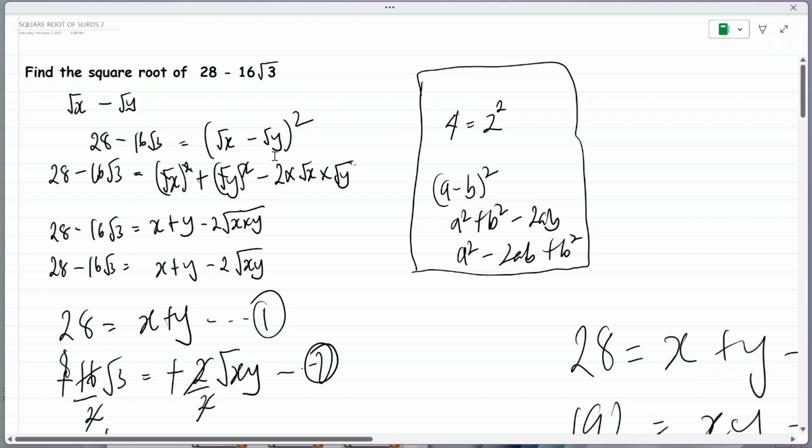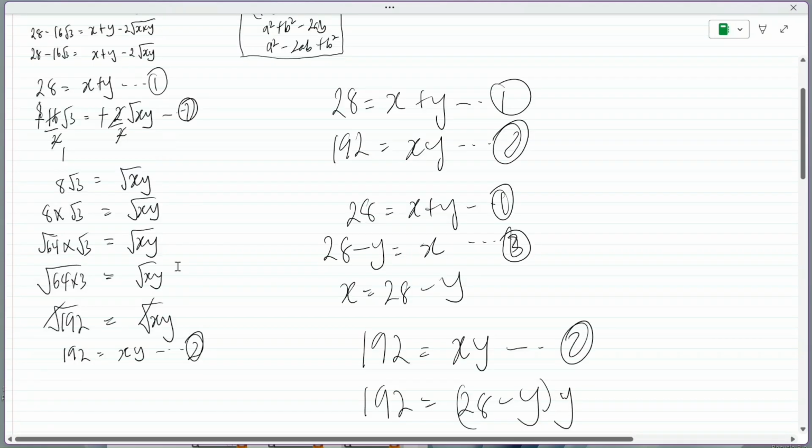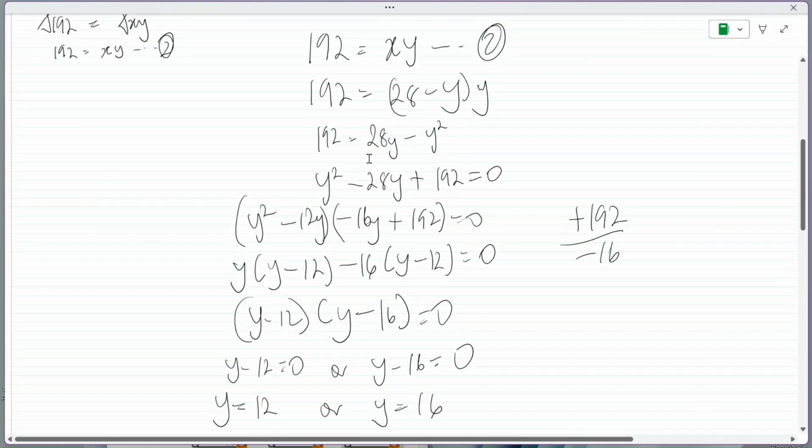We expanded the square root, got this value, and at this point, we equated the constants to form equation 1 and the surds to form equation 2. We brought down equation 2 to its lowest term, which is 192 equals x times y or xy. Then we have a simultaneous equation, and using substitution method, we created equation 3 from equation 1. Then we substituted equation 3 into equation 2, got a quadratic equation.